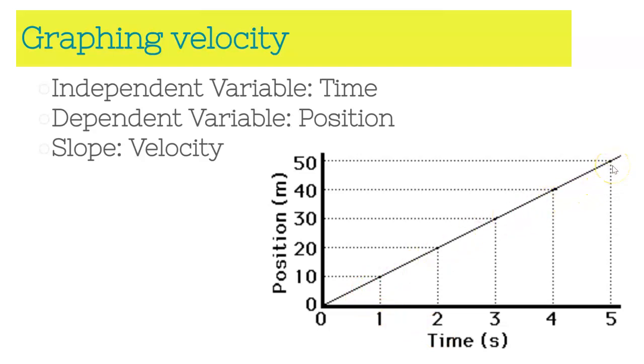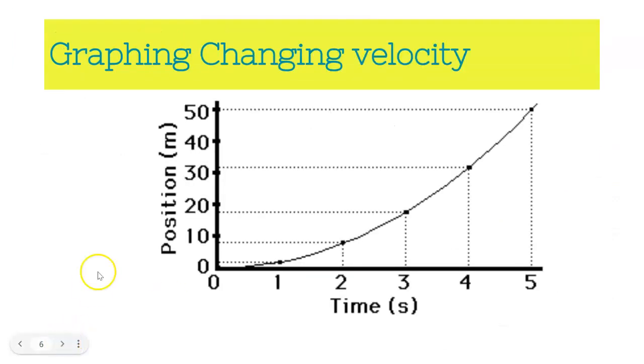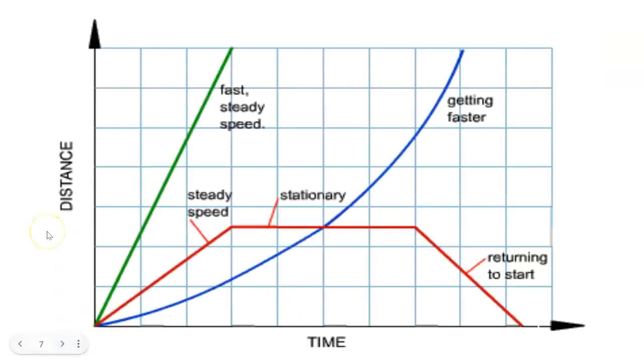Again, velocity is the displacement over time. And then same thing with changing velocity. Again, our position is on our y, our dependent variable, and then our time is on our x, our independent variable. And these are some examples of what a velocity graph could look like.